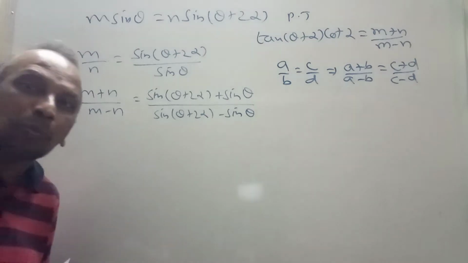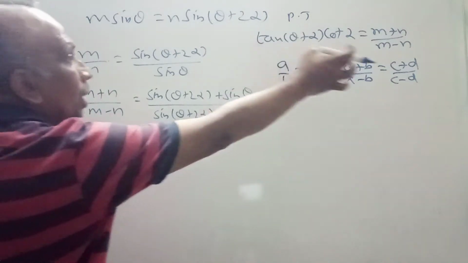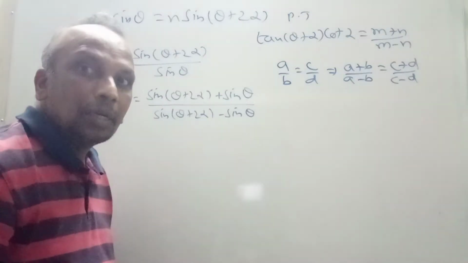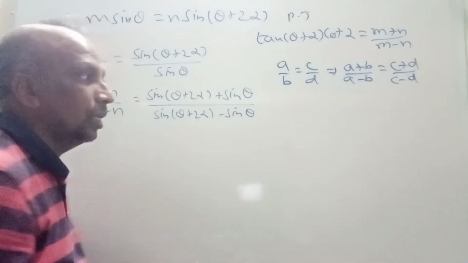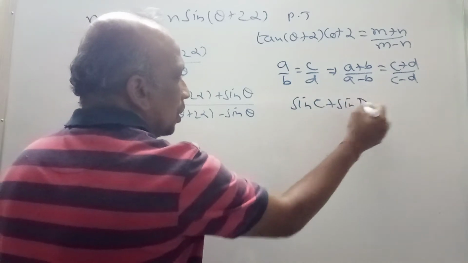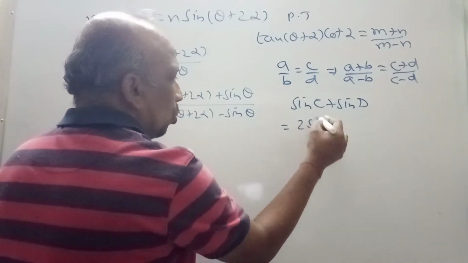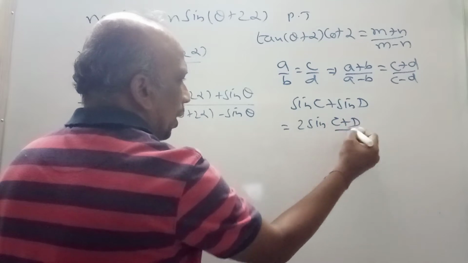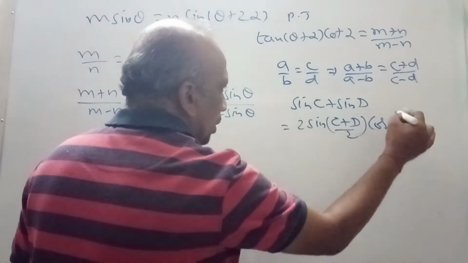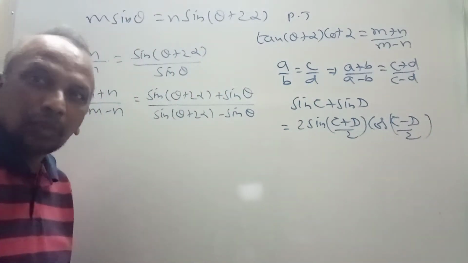Here I got the required m plus n by m minus n. The numerator is sin c plus sin d. Remember, sin c plus sin d means 2 sin of c plus d by 2 into cos of c minus d by 2. This is the formula for sin c plus sin d.